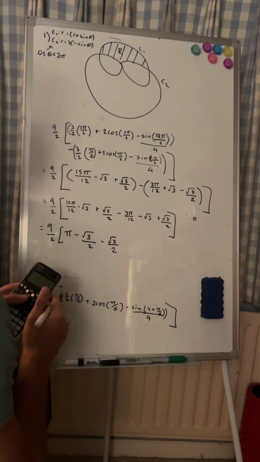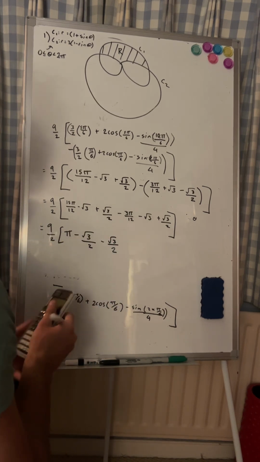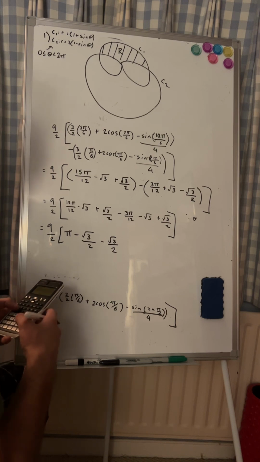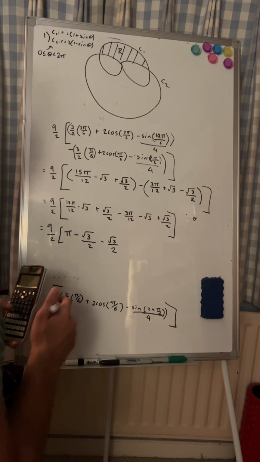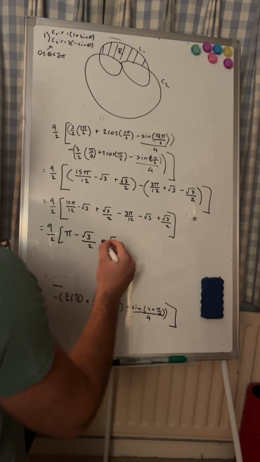I messed something up. I know what I messed up. Don't tell me. And that is because this shouldn't be root 3 over 2, but that would be minus root 3.